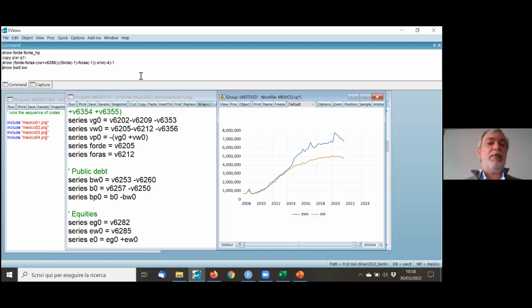So let's see what happens if we again take the gap between the two, as a percentage of the previous period, and we compare this to the exchange rate change.